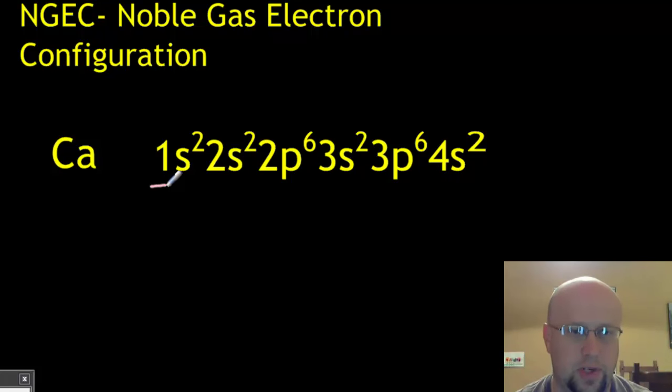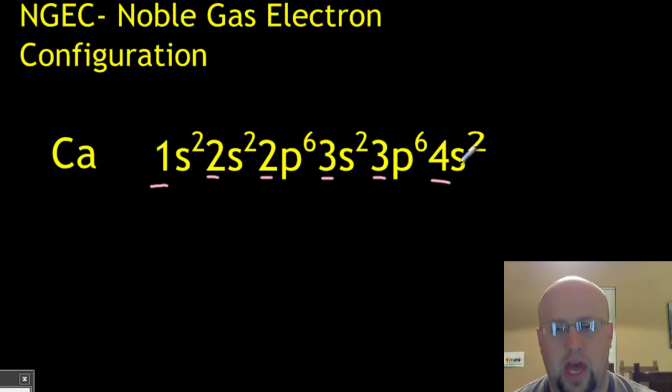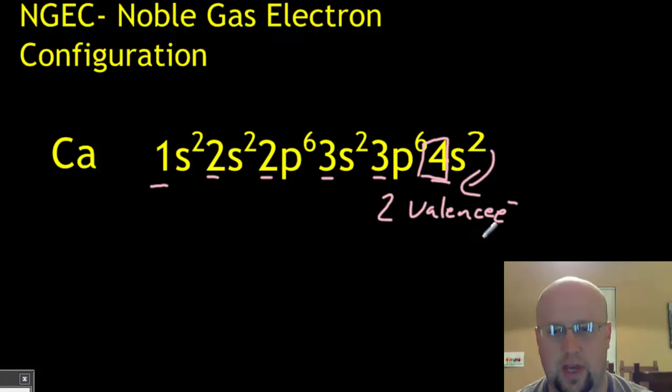Remember, coefficients are the beginning numbers. So the 2s, 3s, 1s, 4s, and the highest one of those, which in this case would be 4, that's the highest energy level, and however many electrons are in that, that's how many valence electrons we have. So we have 2 valence electrons in this case.